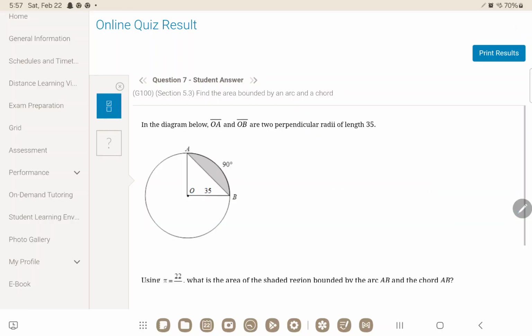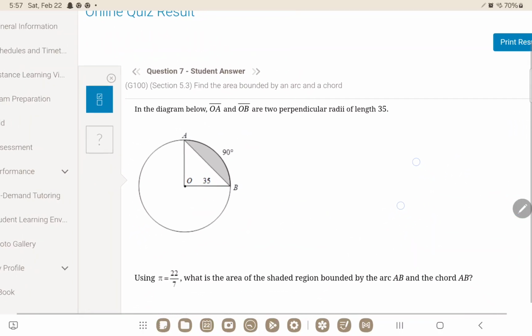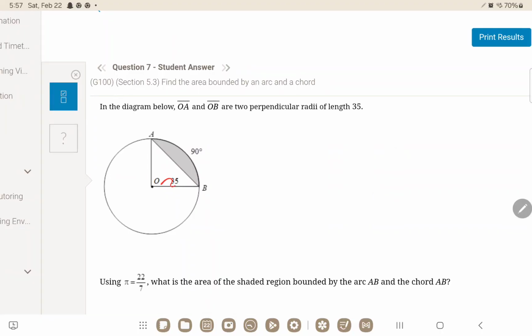Now this part, so what we want is we have a radius of 35 and we have this arc. Now we need to find the area of the whole arc minus it from the area of this triangle. So area of the arc would be 90 over 360, which is 1 over 4 times pi r squared, of course.